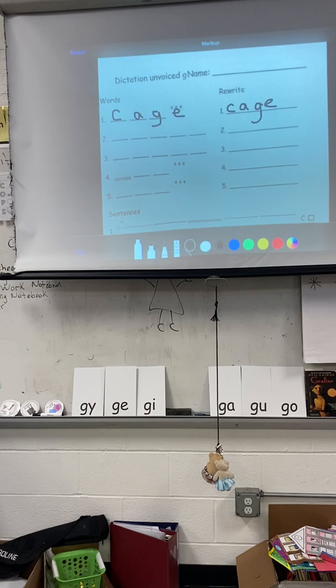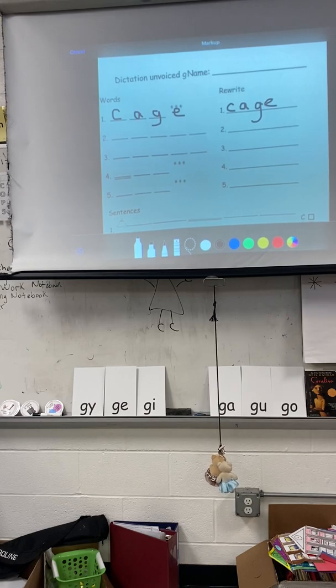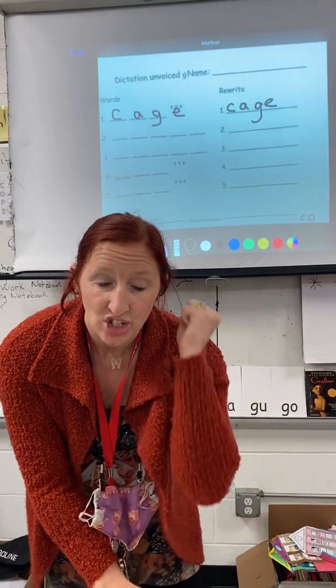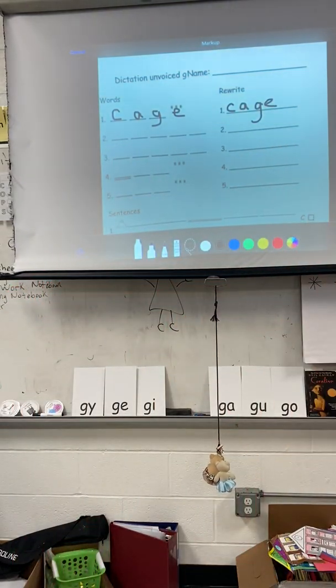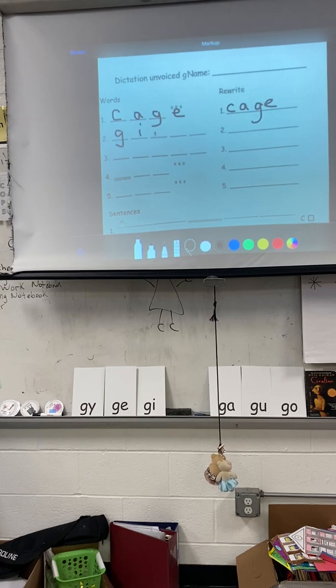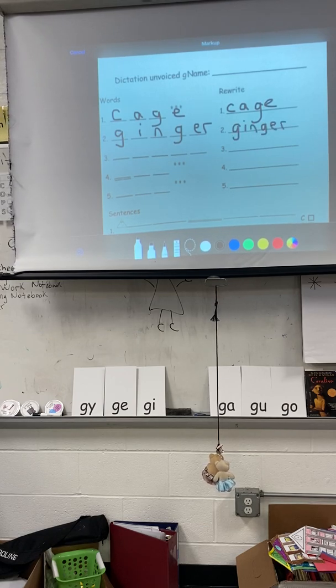Number 2 is ginger. That's a 2-syllable word, ginger, so tap that out appropriately. You can check with me. G-I-N-G-E-R. And E-R is on one sound line because it is an R-controlled vowel.